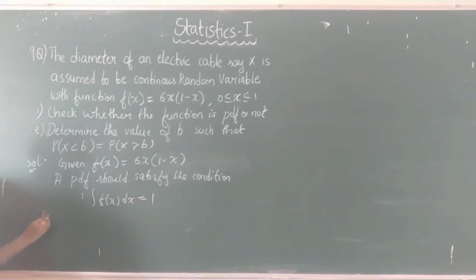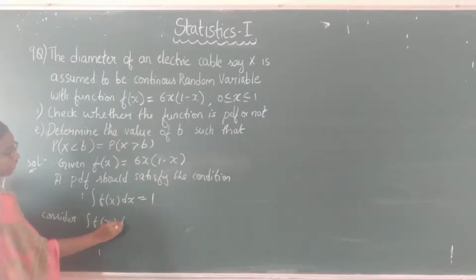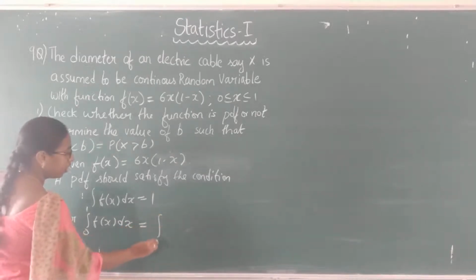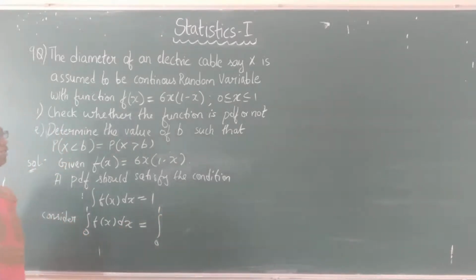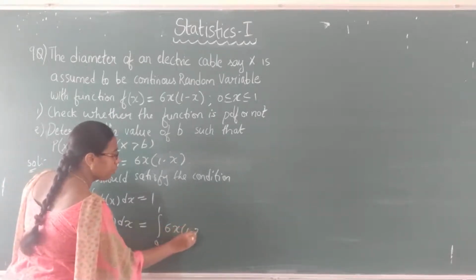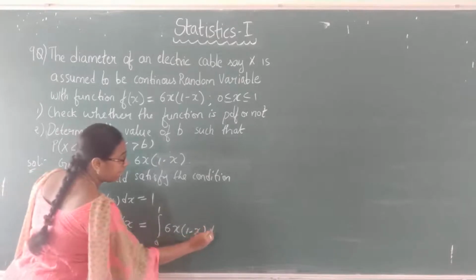Now consider the integral of f of x dx. What are the limits given? 0 to 1. The integral of f of x dx is equal to the integral over 0 to 1 of 6x into 1 minus x dx.